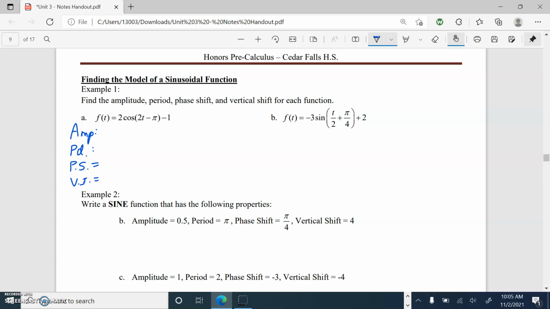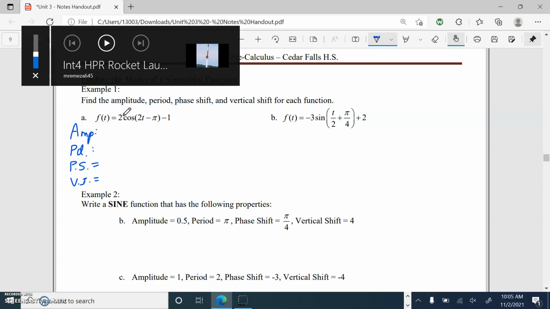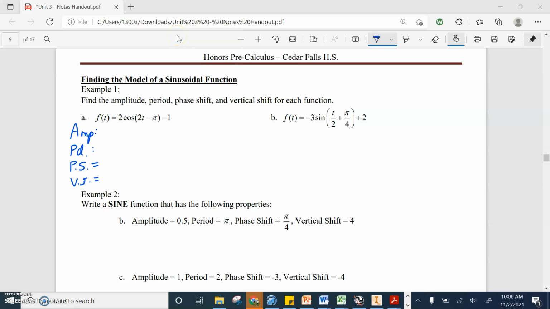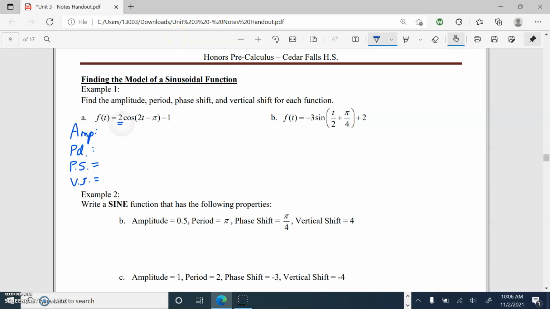Our amplitude is pretty straightforward. It's the absolute value of a, and in this case, a is just the number out front. So I'll just copy that number. My pen works: amplitude is 2.